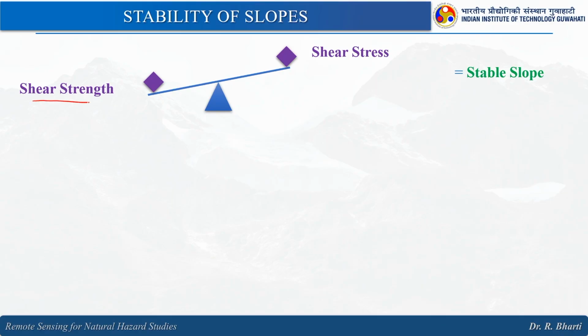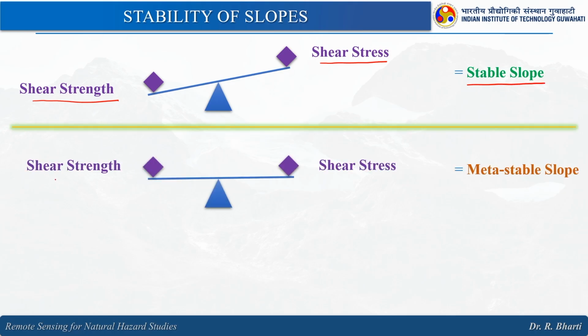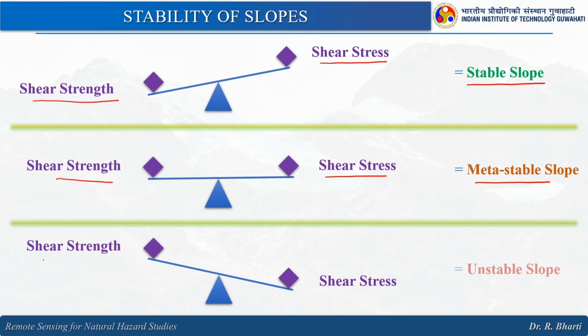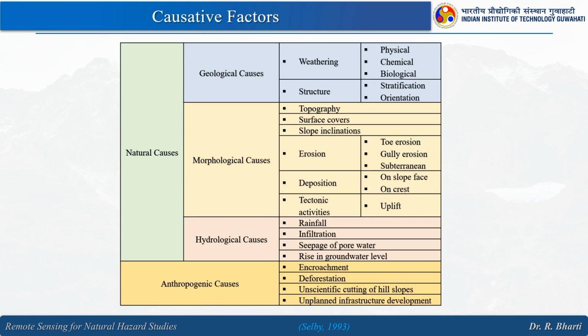When shear strength is high and shear stress is low, then that particular slope is in the stable condition. When shear strength is slightly higher than shear stress, that particular slope is in the metastable condition. When shear strength is low and shear stress is high, then definitely that slope is unstable and we can expect the landslide kind of phenomena, right.